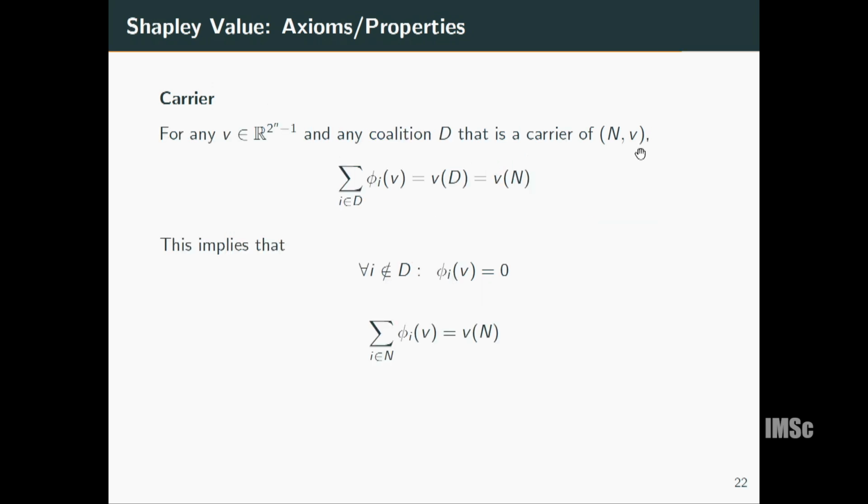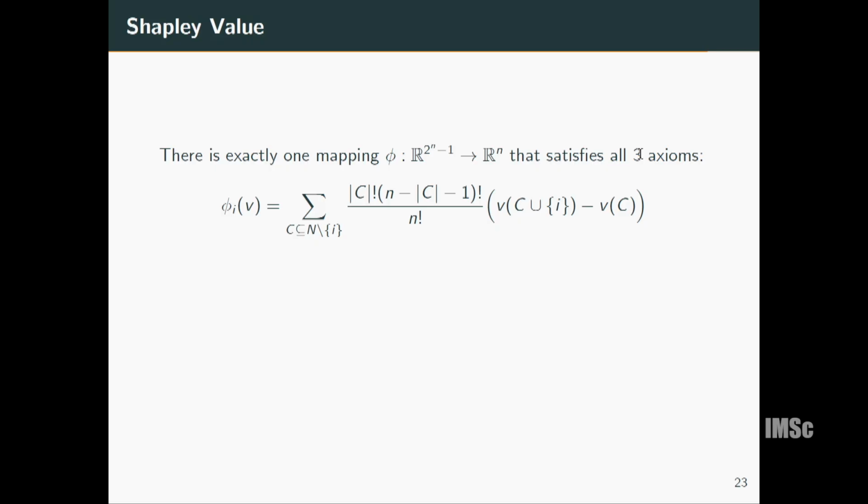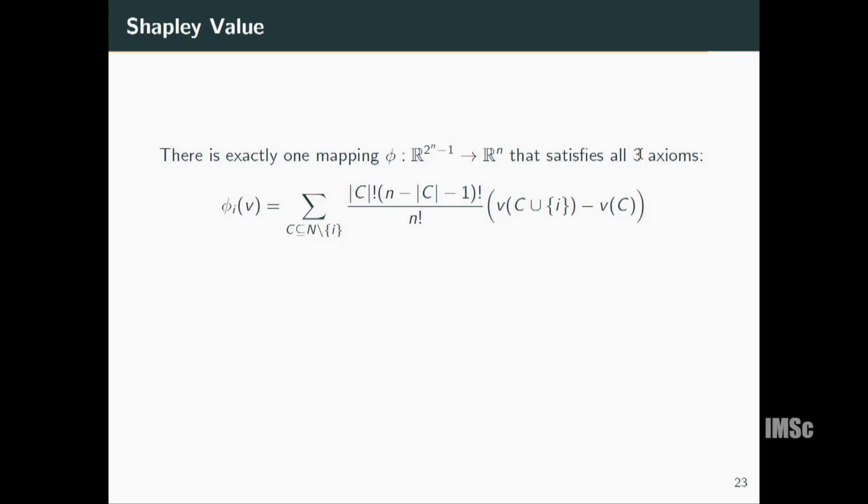Yes? To be a carrier, the value of the agent also should be 0. By definition, because you have this property that V of C intersection D has to be equal to V of C. So to be a carrier, the agents which are not in the carrier should have valuation 0.